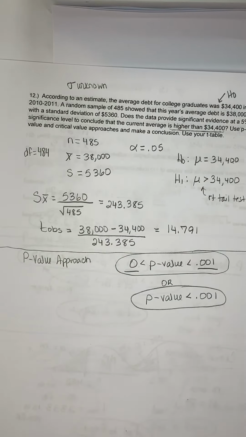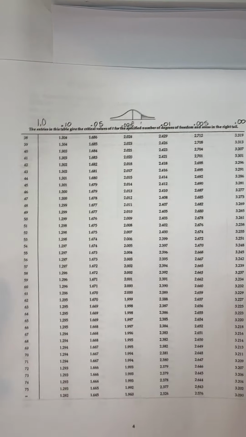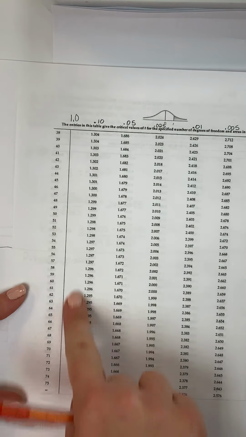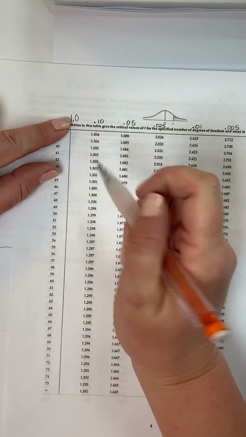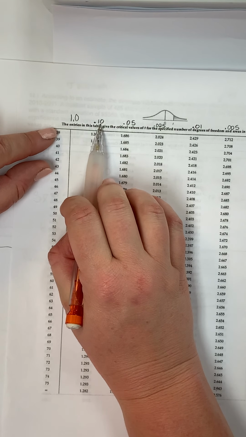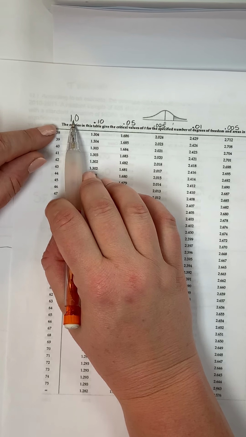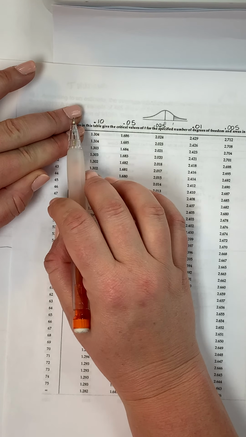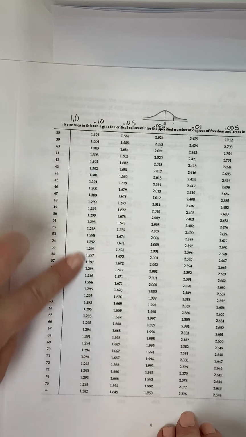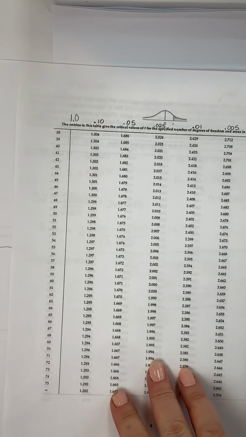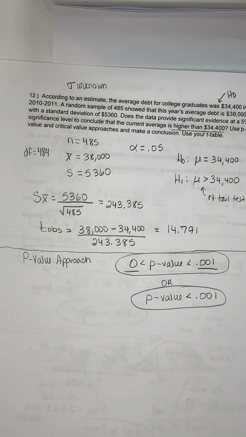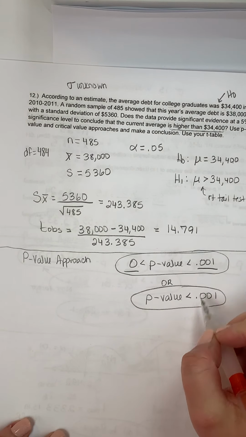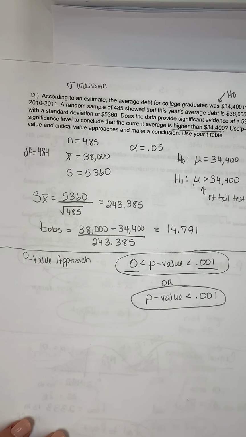And if it was to fall over here, sometimes instead of being greater than this and less than this, it'll just say greater than 0.10, and it'll leave off the 0. But that's what your area would be. All right, so both of these would be correct. You would just have to see what your multiple choice answers look like.